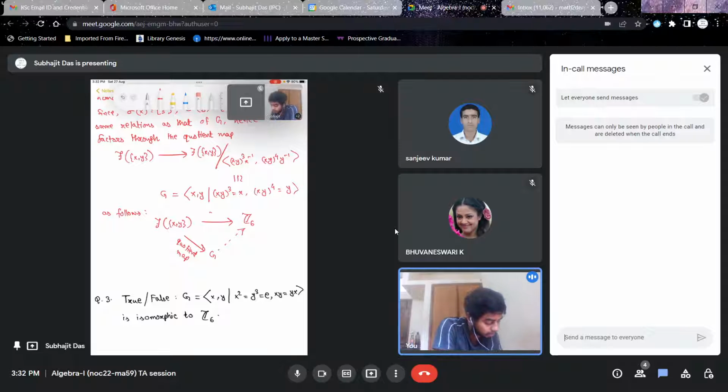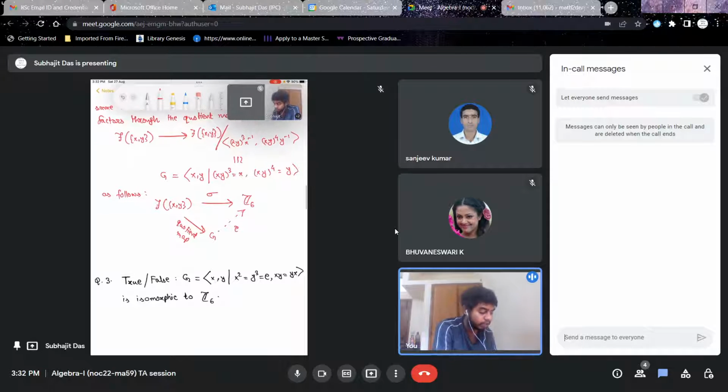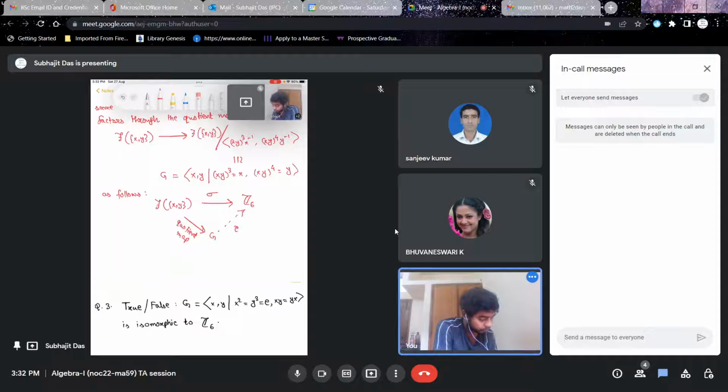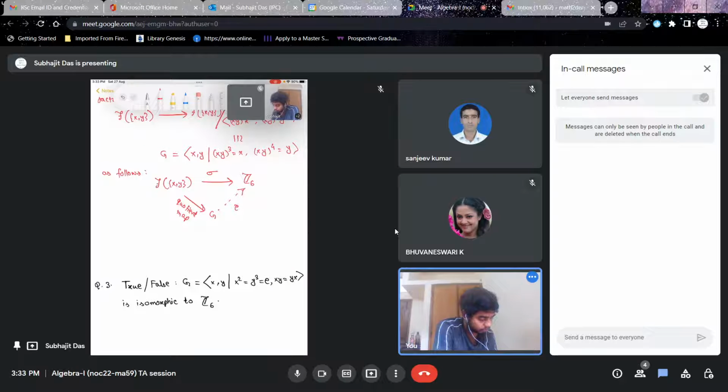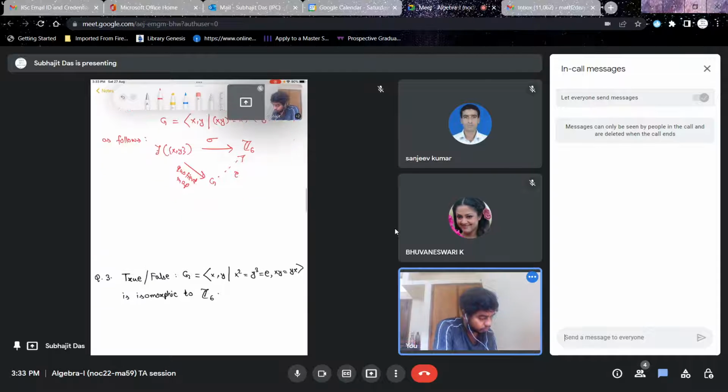So this is sigma, and we are calling this tau, let's say, right? Now again we have the same thing going on here, just as we did previously. So this triangle is commutative.